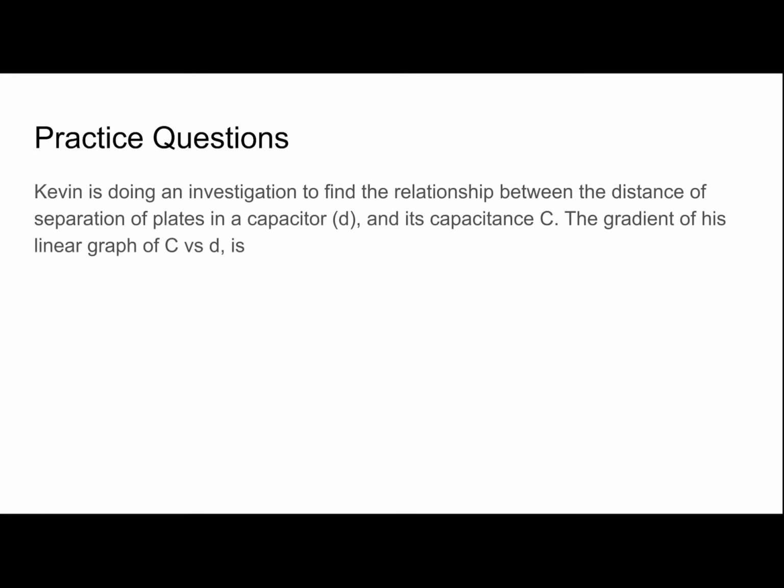Right, so here's one more practice question. Kevin is doing an investigation to find the relationship between the distance of separation of the plates of a capacitor, D, and its capacitance, C. The gradient of its linear graph of C versus D is 0.0131 plus or minus 0.0002 farad meters.